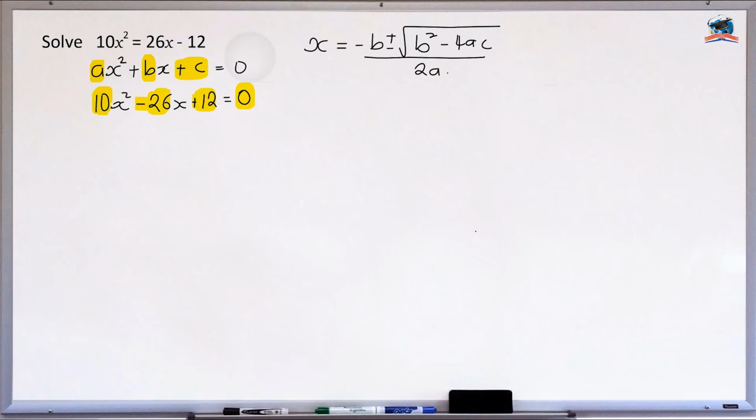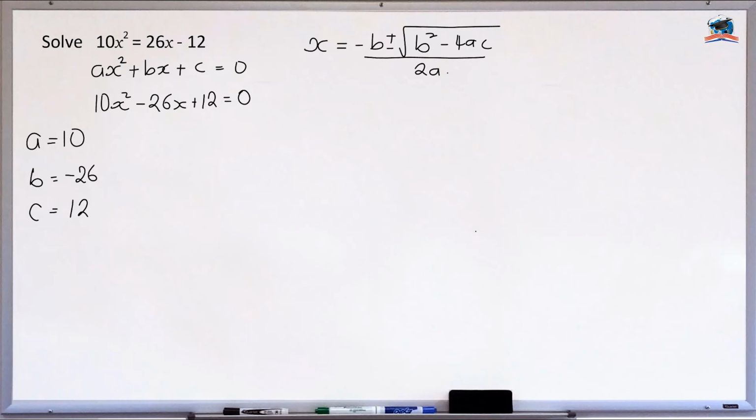Our a is 10, our b is minus 26, and our c is plus 12. Now let's put the information into the quadratic formula.